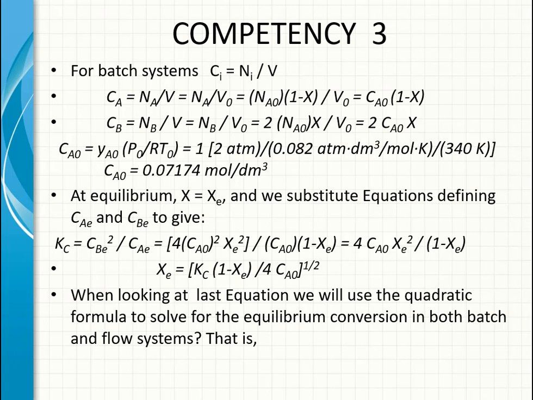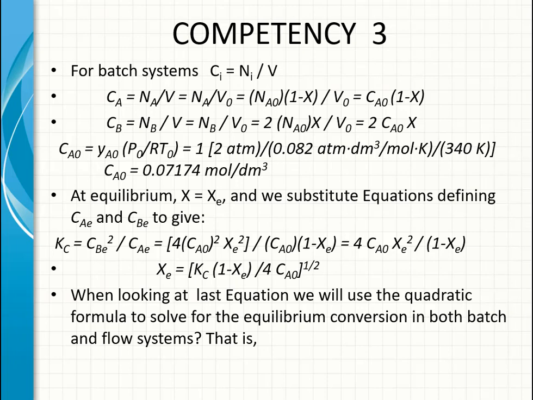The gas constant is 0.082 atmosphere liter divided by mole Kelvin, and the temperature is 340 K. So we will have that Ca0 is equal to 0.7174 moles per liter. At equilibrium, the conversion X is equal to Xe, the conversion at equilibrium.